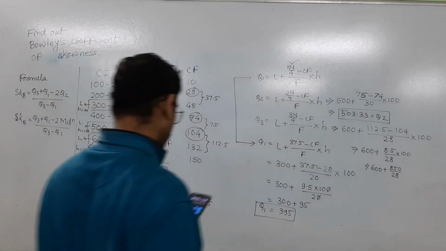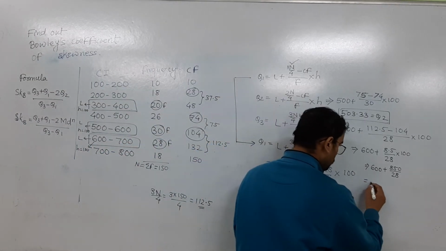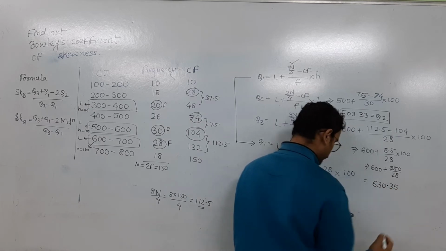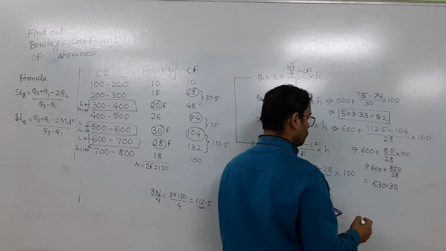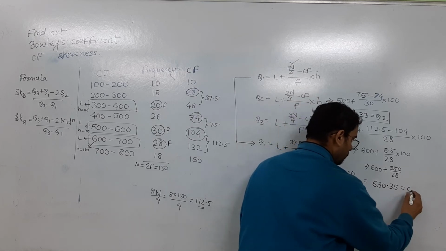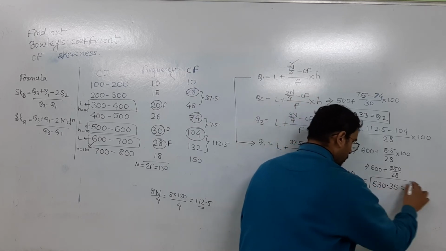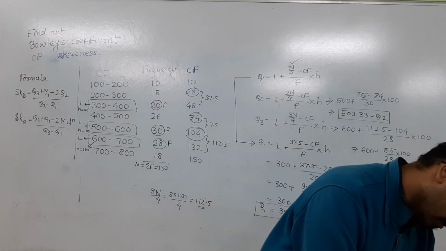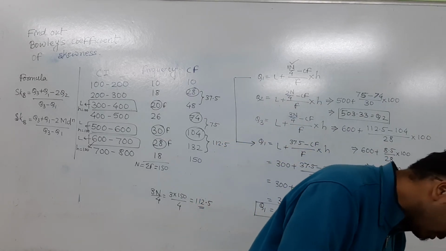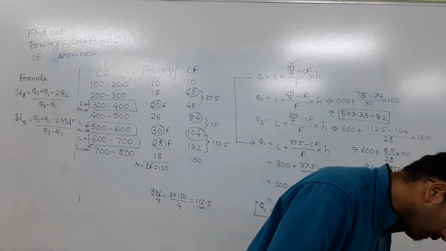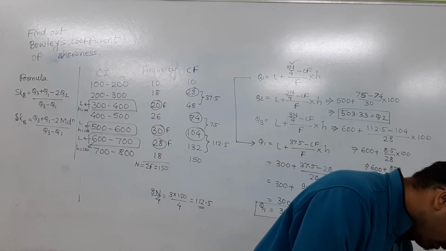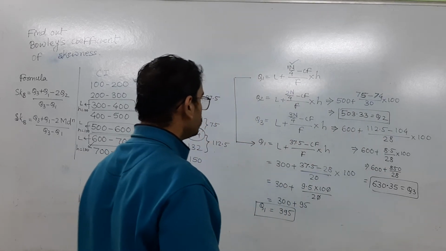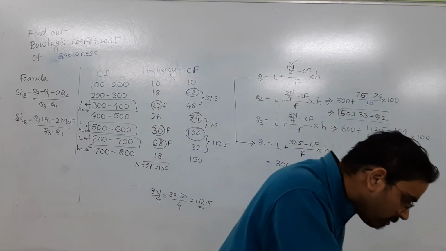So that will be 630.35, and that will be your Q3. So you got all the values Q1, Q2 and Q3. Okay. So you have all the values. Just find it out.